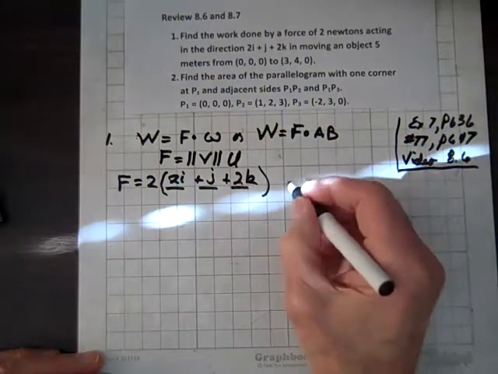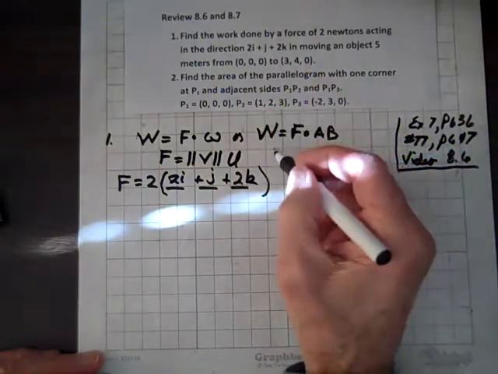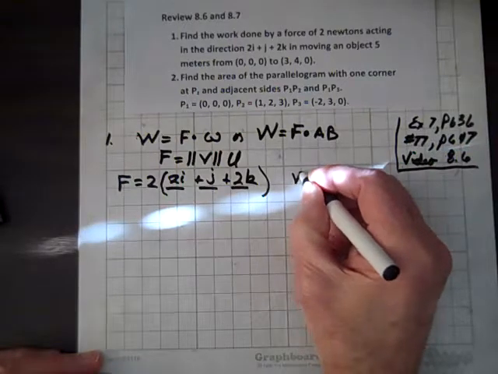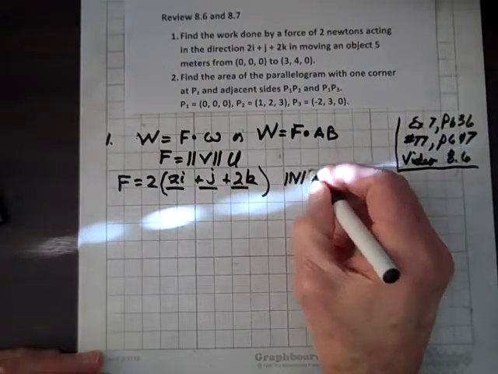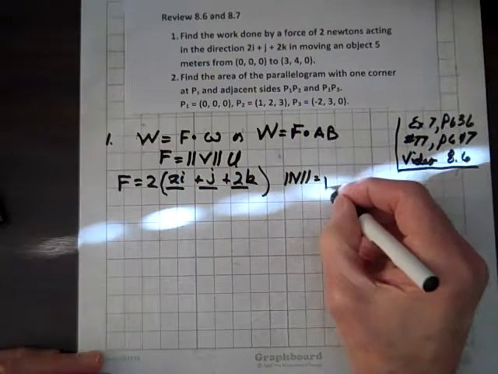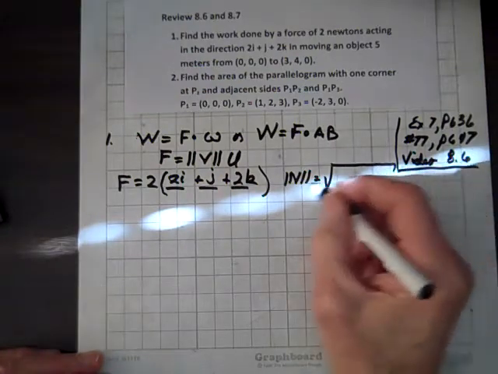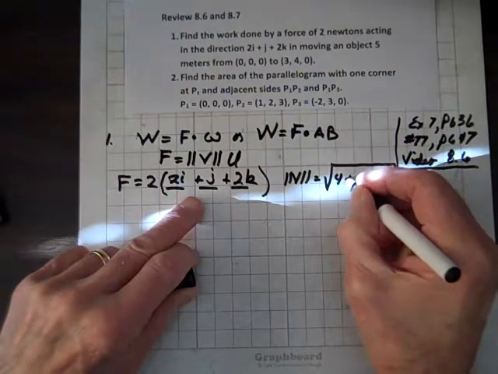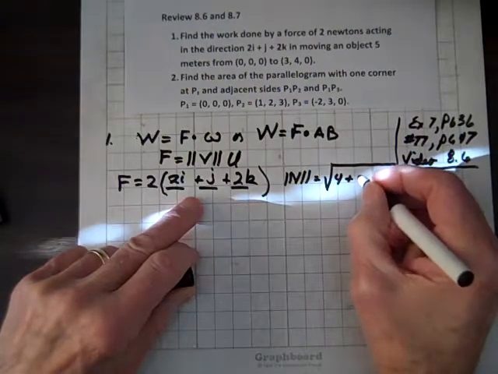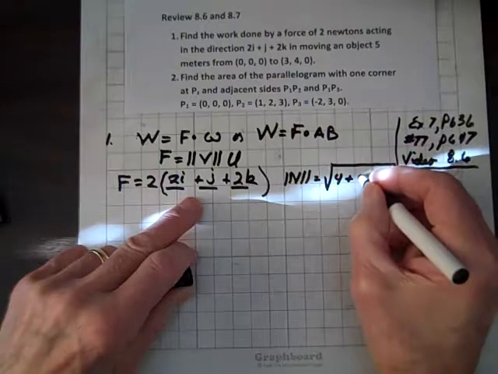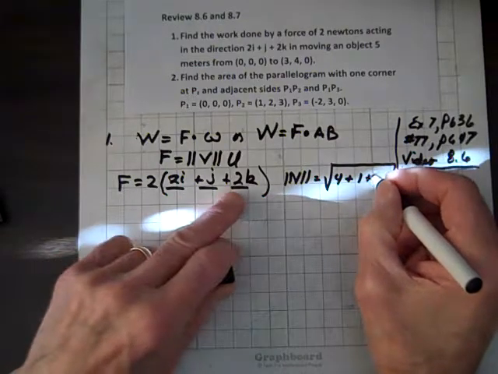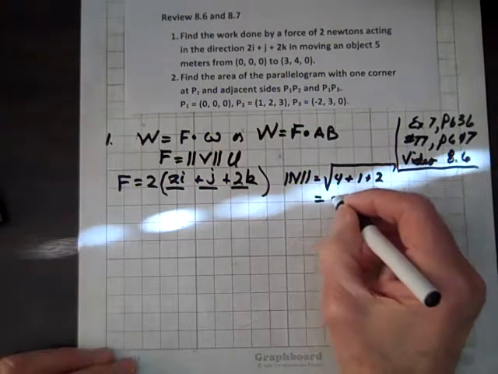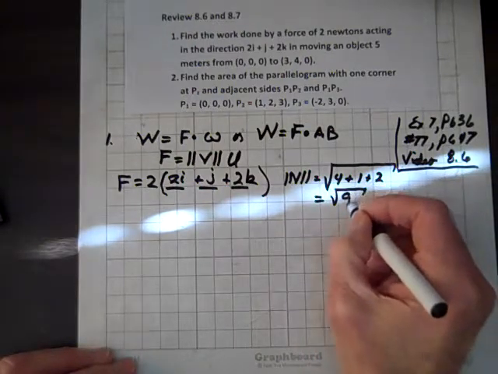And so we'll have to find first the magnitude of this particular vector, and the magnitude v equals the square root of 2 squared, which is 4, plus 1 squared, coefficients on the i, j, and the k, 1 squared is 1, and plus the coefficient on k is 2, 2 squared is 4, so that equals the square root of 9.